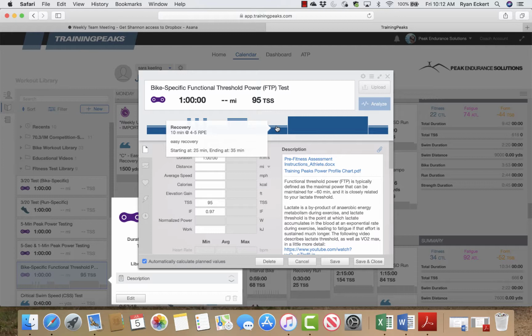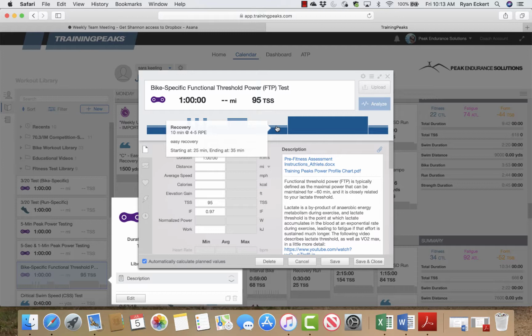For those of you who do these tests outside, that's fine as well. But what you want to make sure you're doing is finding a flat, open, uninterrupted section of road where you're not going to be hitting stoplights, you're not going to be slowed down, you're not going to have to stop and wait for traffic or people crossing crosswalks, you're not going to be climbing major hills and going down descents, and you're not going to be taking tons of corners and turns, because that's going to drop your power output, and you're not going to get as high a 20-minute average power output as you would on a flat, uninterrupted, open stretch of road.